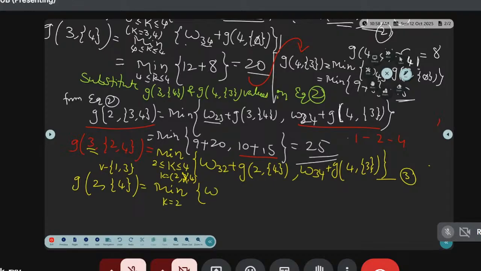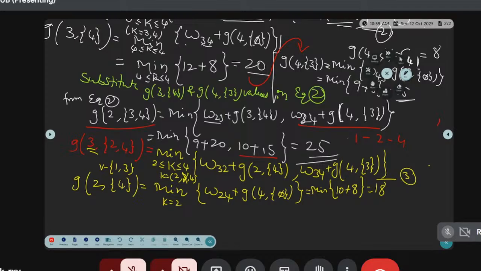W of 2 k value 4 plus g of 4 comma empty set, and this is equals to minimum of 2 4 at the cost between 2 to 4, 10 plus g of 4 comma 5, that is cost of 4 to 1, 8, is equals to 18.